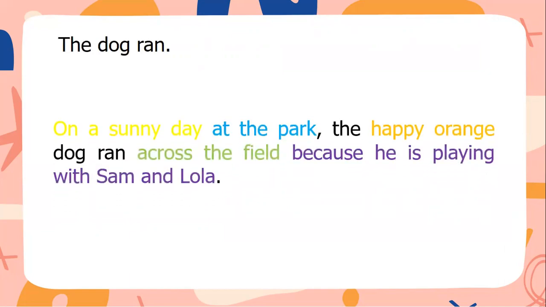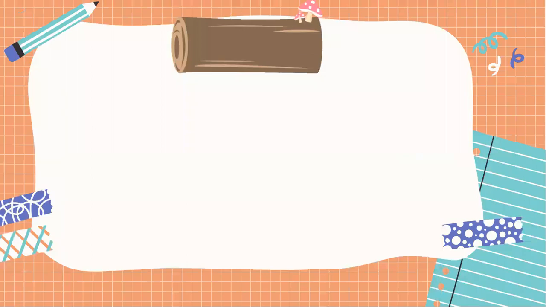If you were to close your eyes and only visualize or picture in your head what the sentence is about, which one will give you more detail? The dog ran, or on a sunny day at the park, the happy orange dog ran across the field because he is playing with Sam and Lola. Which do you think is more interesting and fun? I think the more detailed one.